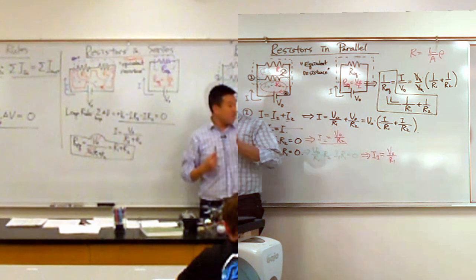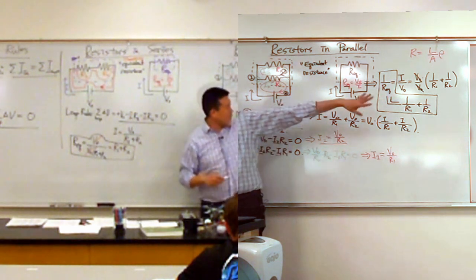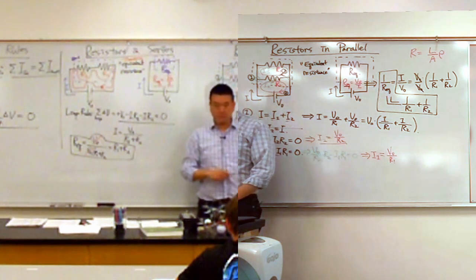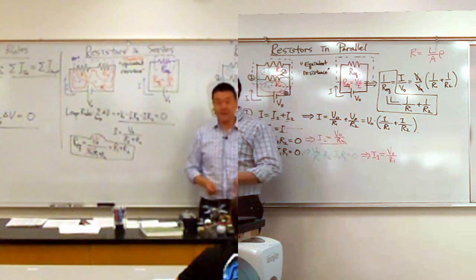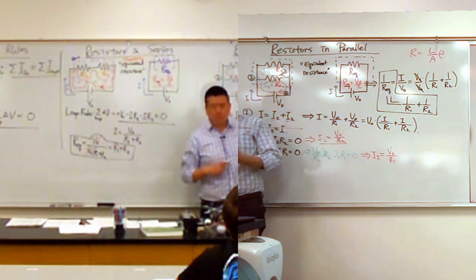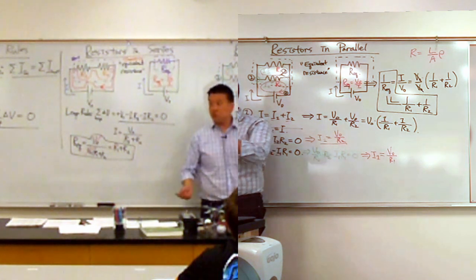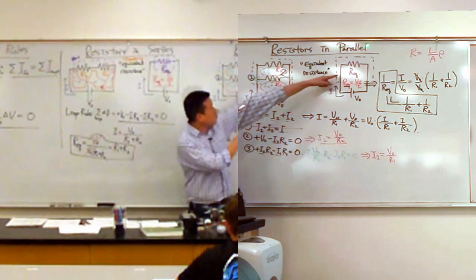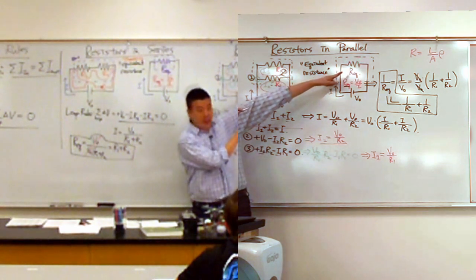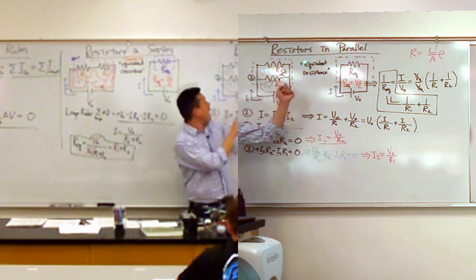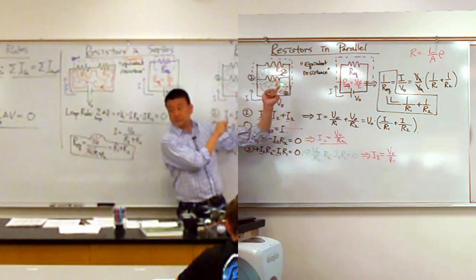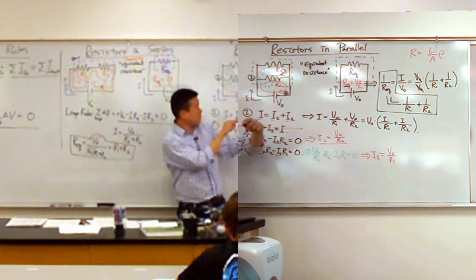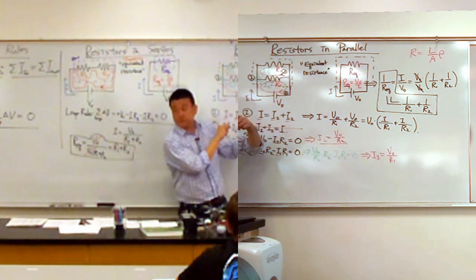There are things we can talk about here, but this is the formula, and we just derived it. I guess the most important thing to know is this, and you can numerically verify this. This equivalent resistance is guaranteed to be smaller than either of these two resistors. It's always smaller than R1 or R2.